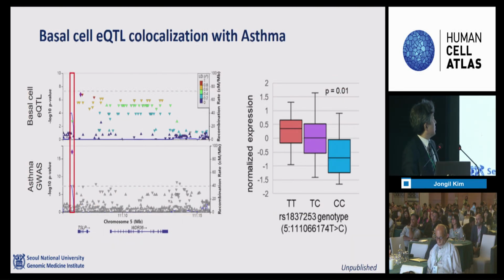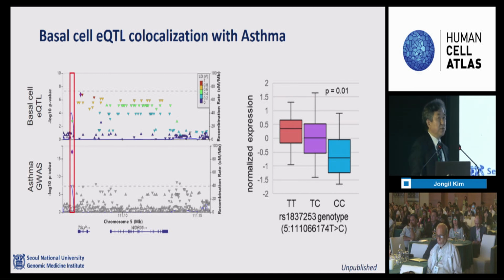Finally, this is an example of co-localization. When we compared the lung GWAS data and eQTL, this site is co-localized. There's the basal cell eQTL and asthma GWAS. And this gene, TSLP, is reported to be associated with asthma in many different previous studies.